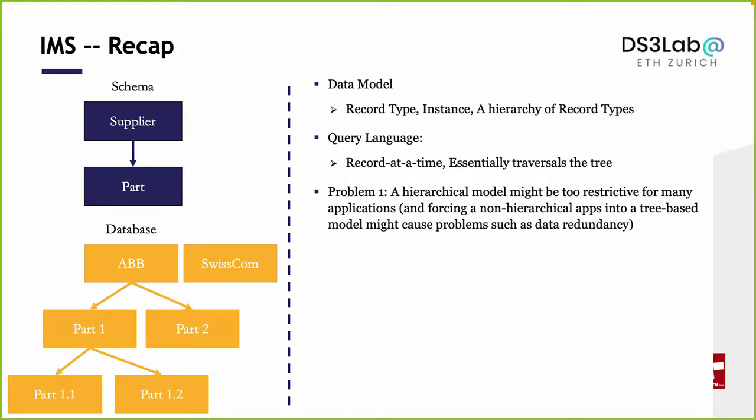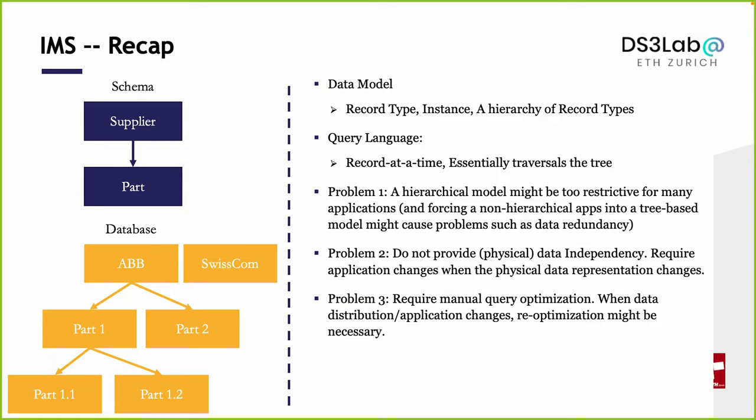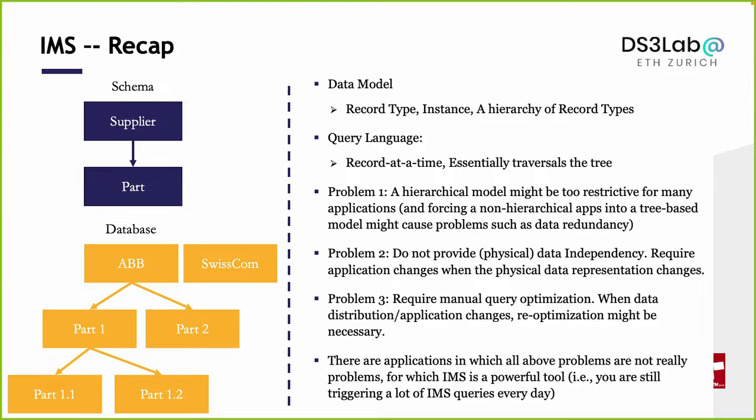The problem with this is it may have some mismatch with the data, so it doesn't give you this data independence. It doesn't really give you those automatic optimizations of your queries. So there are applications in which all of those problems are not really problems, okay? So that is why you still see IMS being used today.